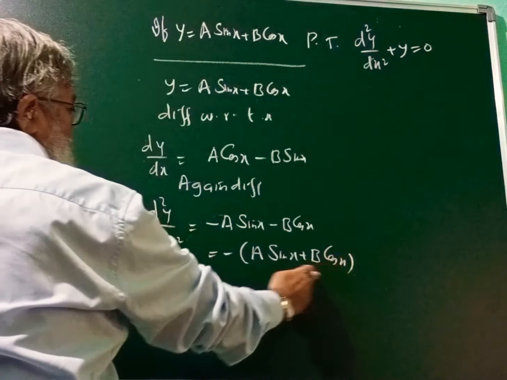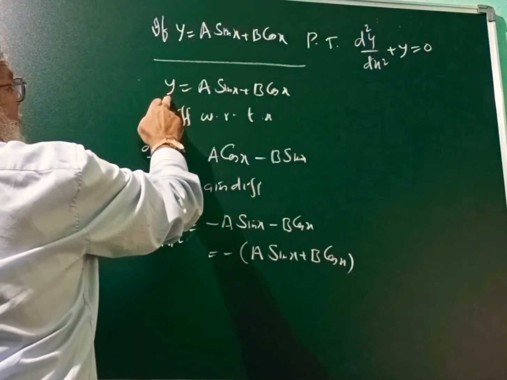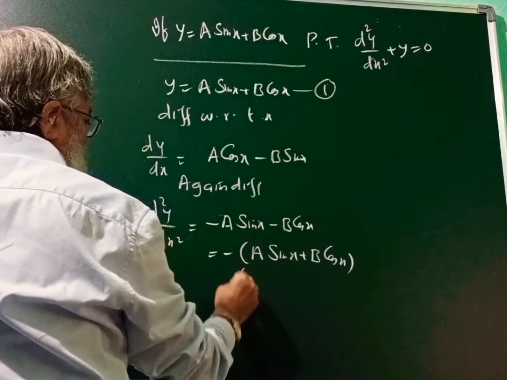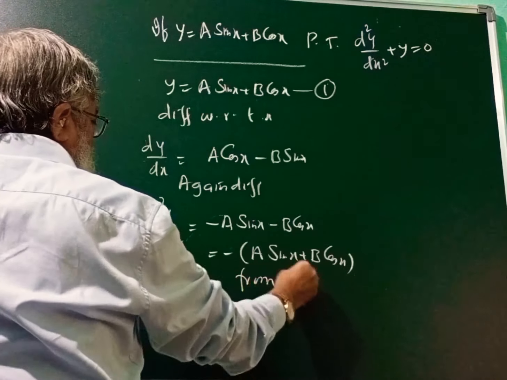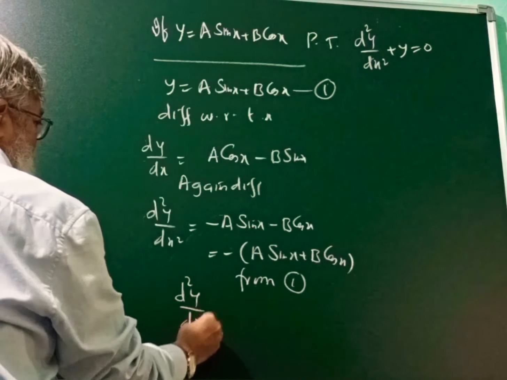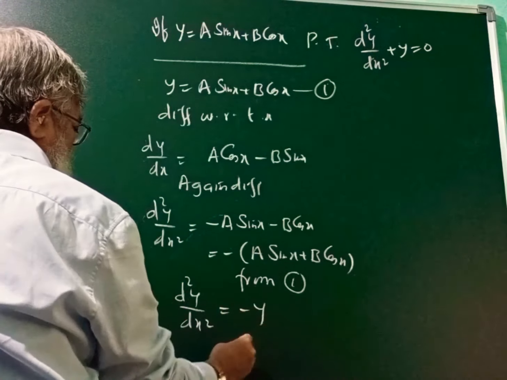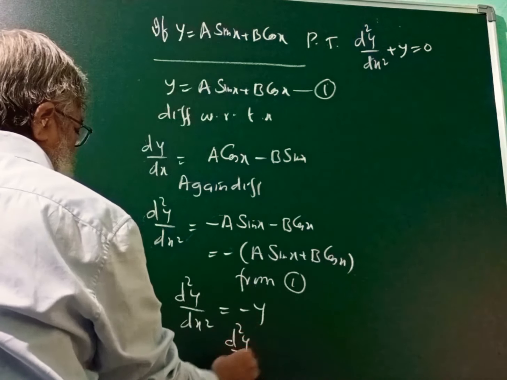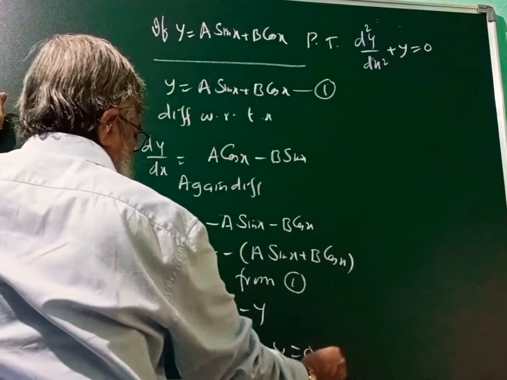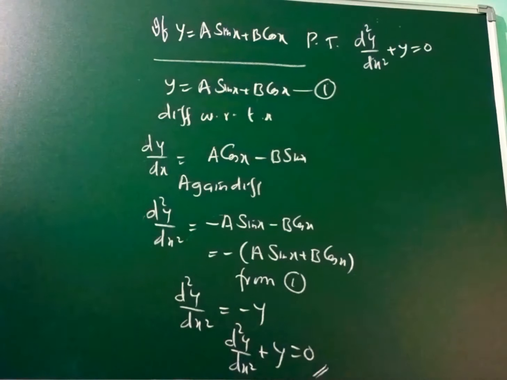Now you can see this bracket is nothing but the given equation 1. From 1, we can write d square y by dx square is equal to minus y. Or finally we write d square y by dx square plus y is equal to 0, which is the required proof.